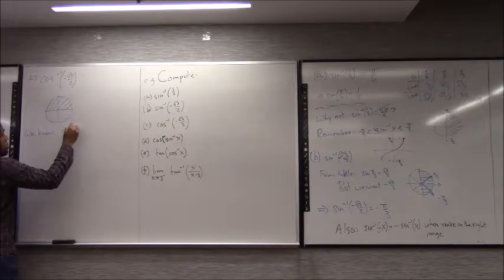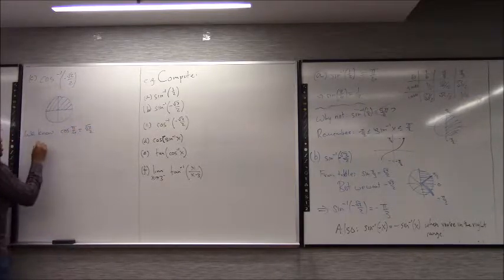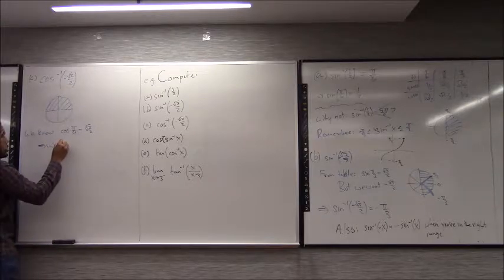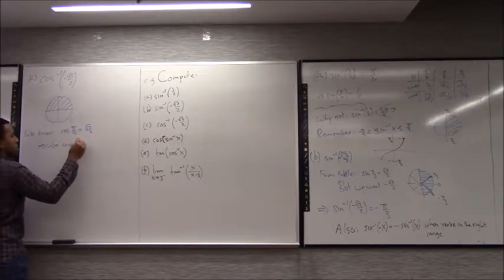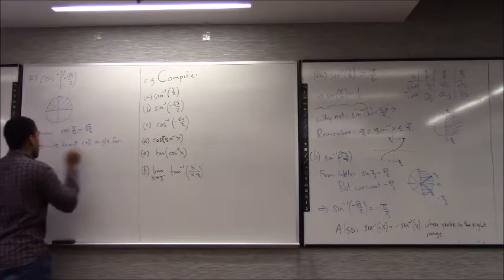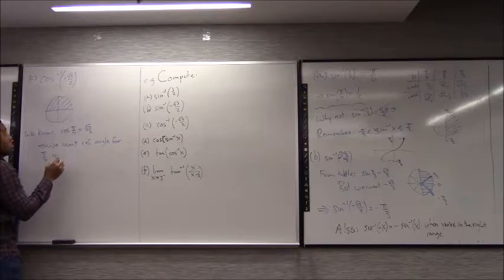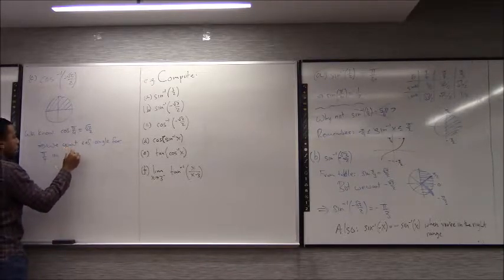So we know cosine of pi over 4 equals radical 2 over 2. This means we want reference angle pi over 4 in the second quadrant.